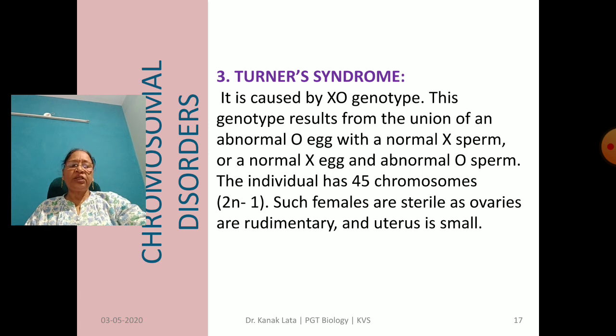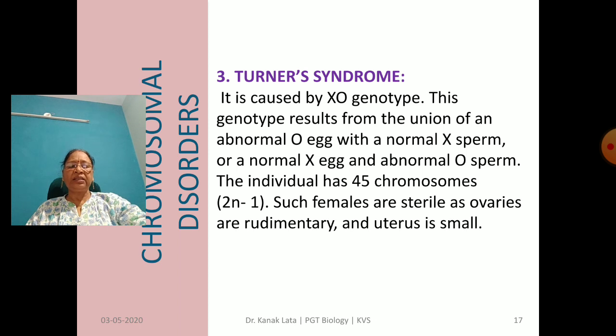Last chromosomal disorder we have to study is Turner syndrome, which is characterized by XO genotype. This is due to the union of an abnormal O egg with a normal X sperm or a normal X egg with an abnormal O sperm.